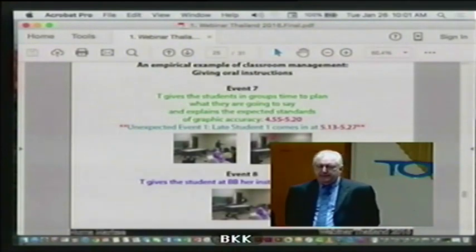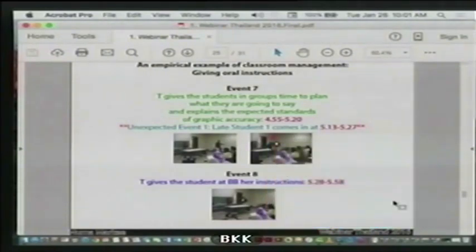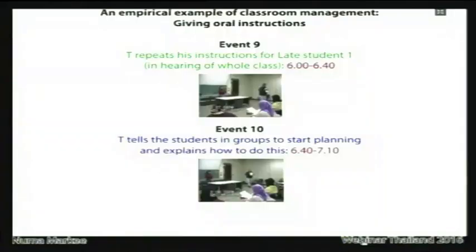And then in event number 8, I turned to the student at the blackboard and explained to her what I expected her to do. In event number 9, I repeated the instructions for the benefit of the first late student.